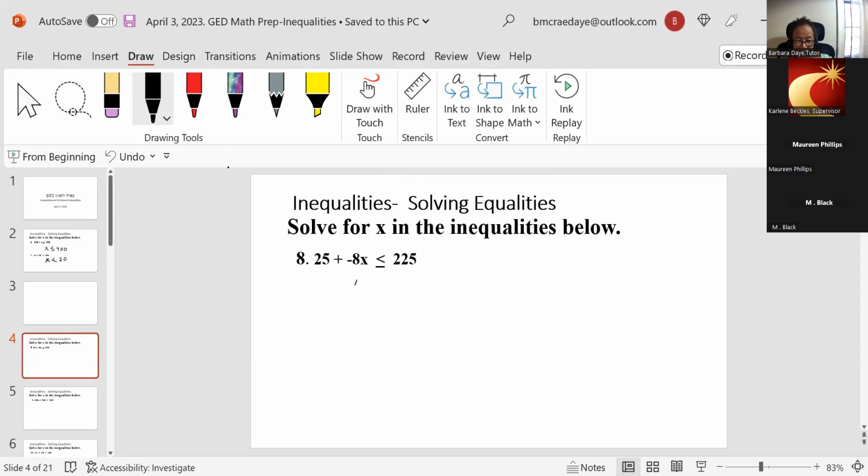Okay. So x equal, not equal. Anybody got an answer? x is greater than or equal to 25.